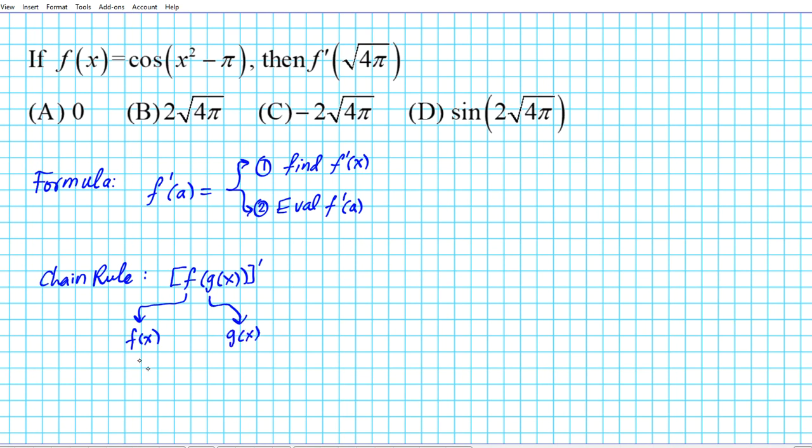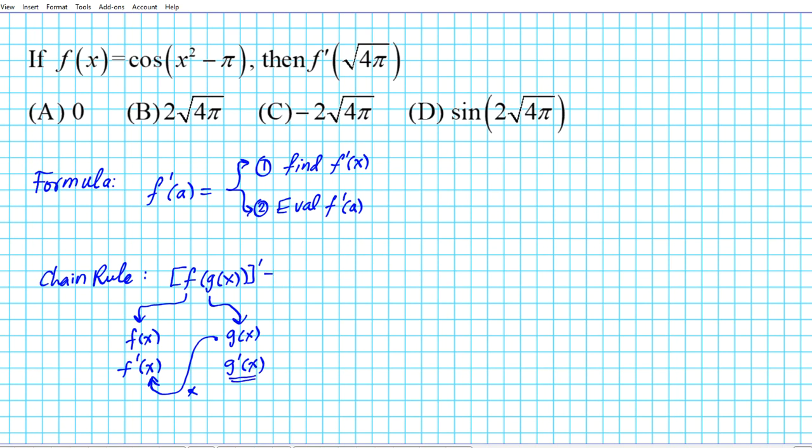You differentiate both of them, and then you evaluate the derivative of the outer function at the inner function. Basically plug in the inner function into the derivative of the outer function, that is also known as f prime of u. That result is multiplied by u prime, or the derivative of the inner function.